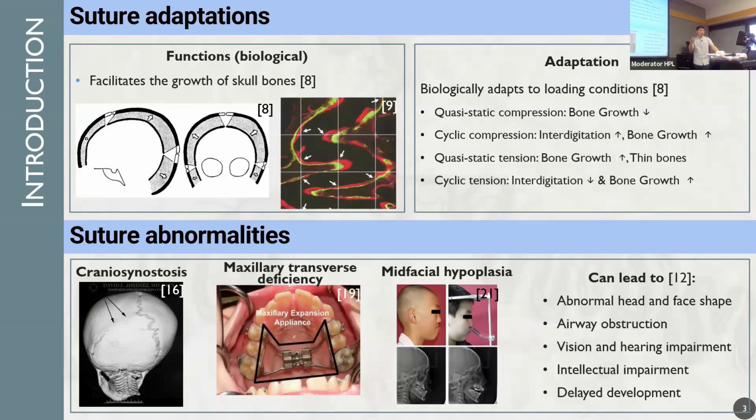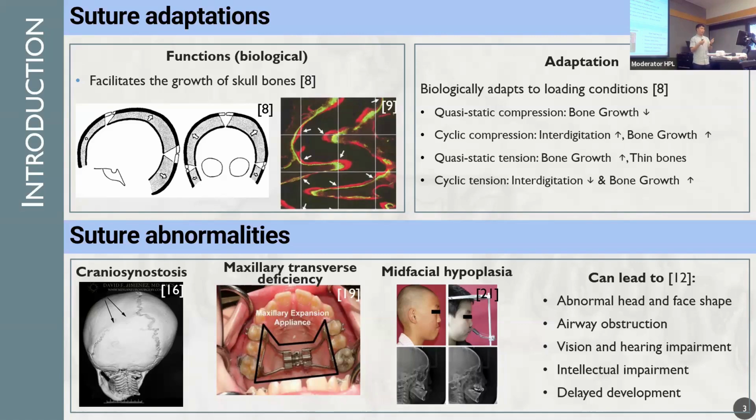As we grow older, there will be much more load. There are a few theories that sutures change their complexity to accommodate that increasing load. For example, in the womb we won't be chewing anything. After birth, we also won't be chewing, but after a few months we will start chewing and there will be much more loading coming from mastication.